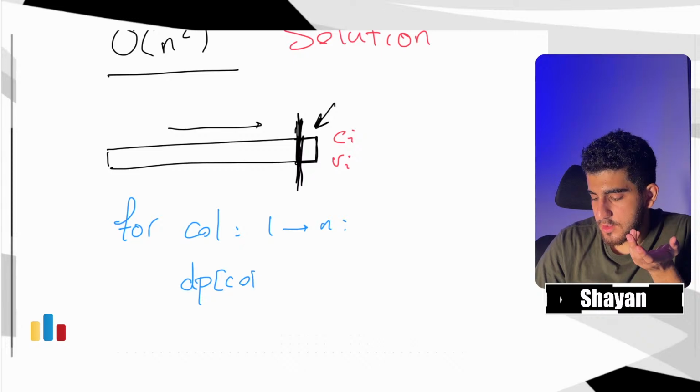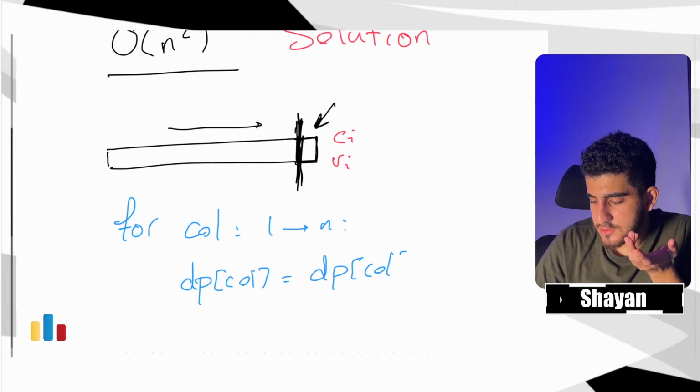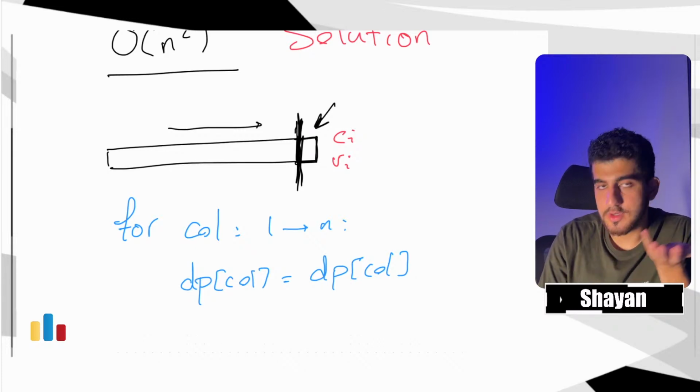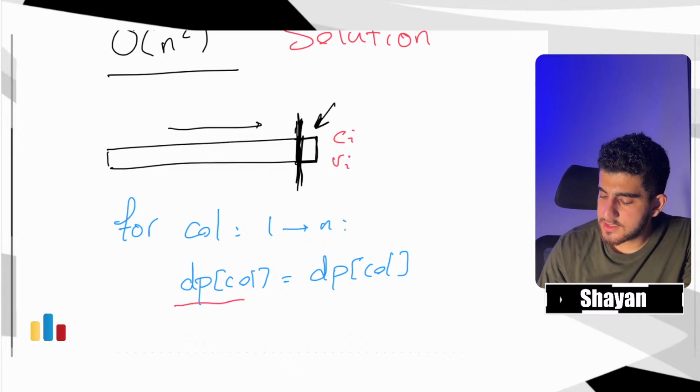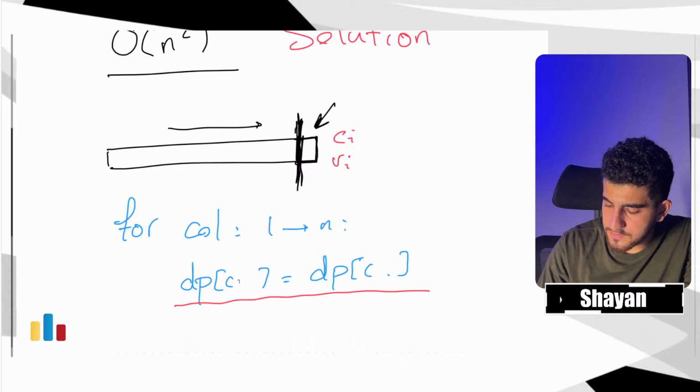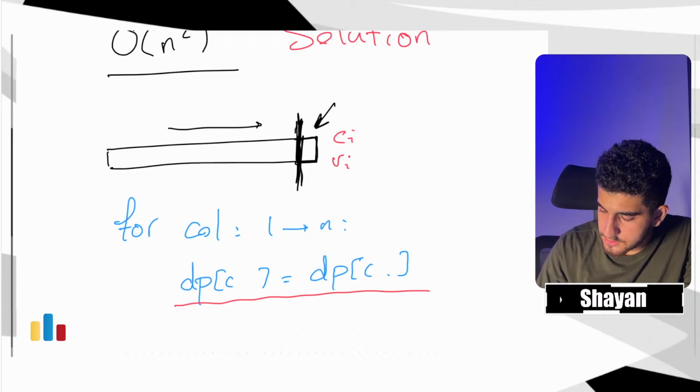So DP of col is equal to DP of col. I'm just writing it to make everything clear, there's no need to write this because it has no effects. If I do not add this ball, nothing changes.